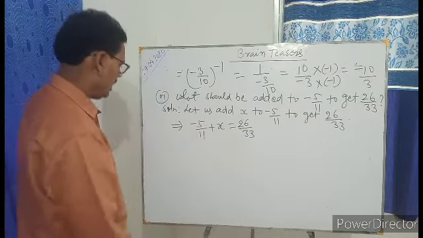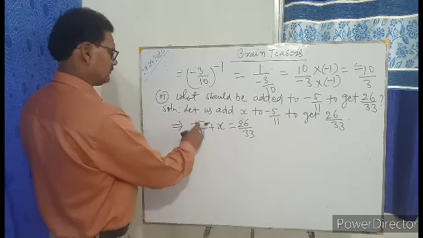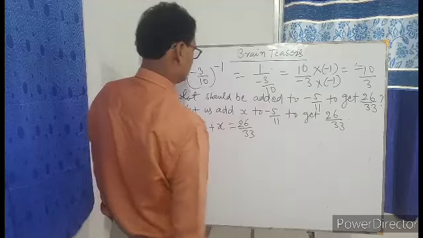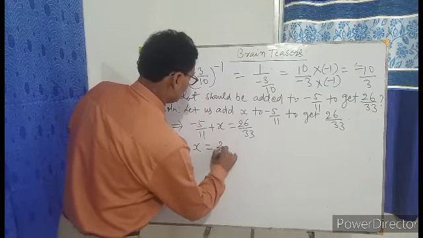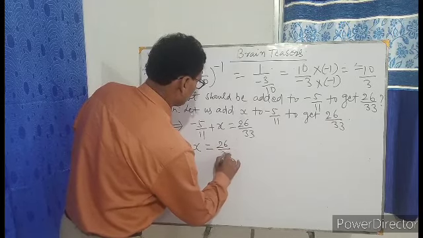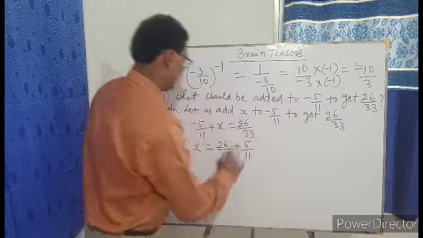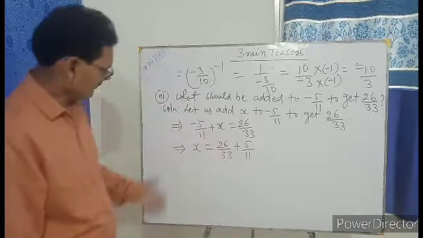Okay, now we will transpose by the method of transposition. Minus 5 by 11 will be shifted towards the right side, so x will be equal to 26 by 33 plus 5 by 11. I think you are aware of the method of transposition.